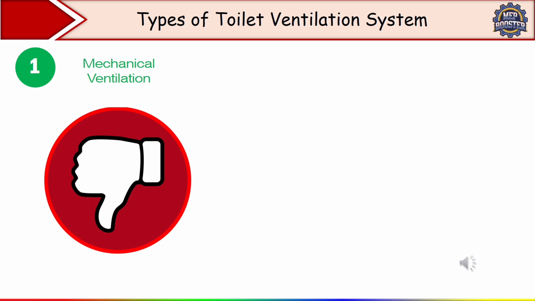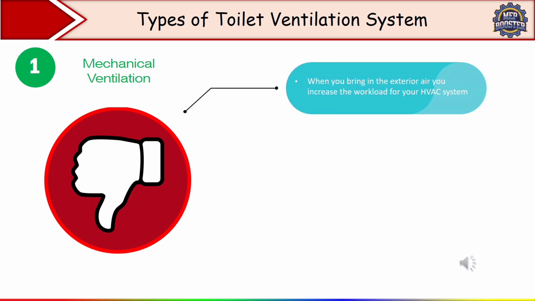Now the disadvantages of using mechanical ventilation system are what? First, when you bring in the exterior air, you increase the workload for your HVAC system. Okay, if the load increases, what happens? The tonnage of your HVAC equipment, whatever you are using, will increase and the cost also increases.